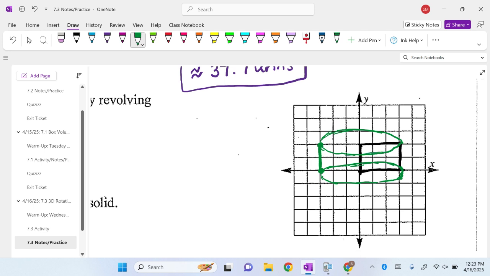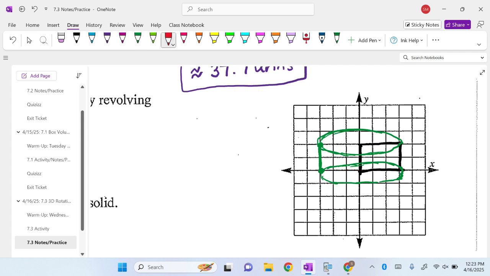So we're still doing the same formula for volume. Still doing pi r squared times h. So what's my radius this time? Someone besides Jasmine. You sure? Look at where the circle is. It's 3.